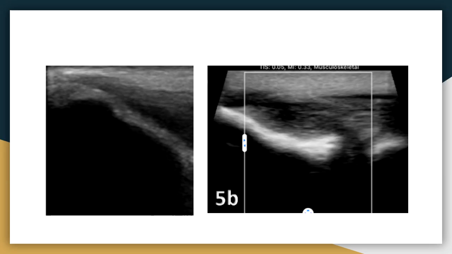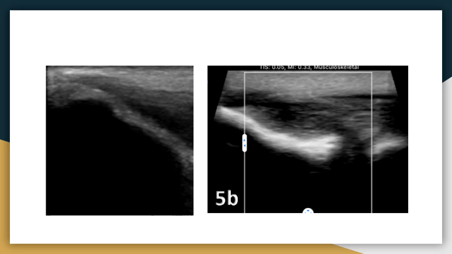On this slide, you can observe the normal and abnormal orientation of muscle fibers, or tendon fibers to be more specific. On the left side, you can see a nice straight parallel gray orientation of the fibers at the top of the picture in the area where the common extensor origin is.